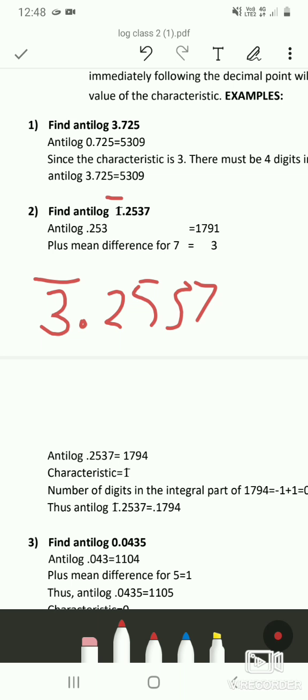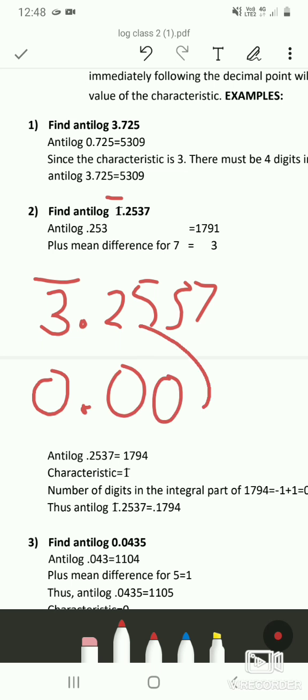So the answer would be 0.00 followed by the antilog value, because 3 less one is 2, so the number of zeros is 2. Therefore the antilog of -3.2537 would be 0.00 and then the antilog value.